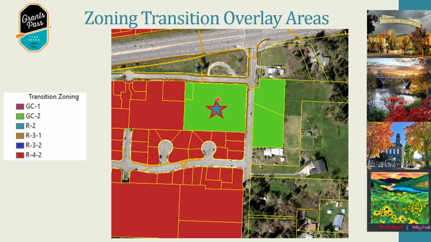It went from the R3 to a GC2. So the green is general commercial 2. And the GC2 doesn't allow for any more single family. So this one, even though it has 7 single family houses on it today, technically because of the overlay, they cannot continue to add new single family.